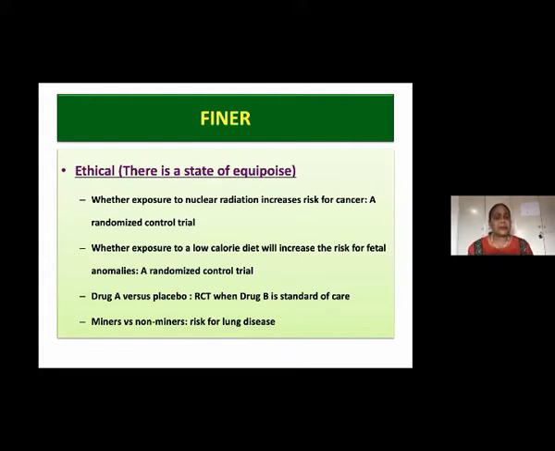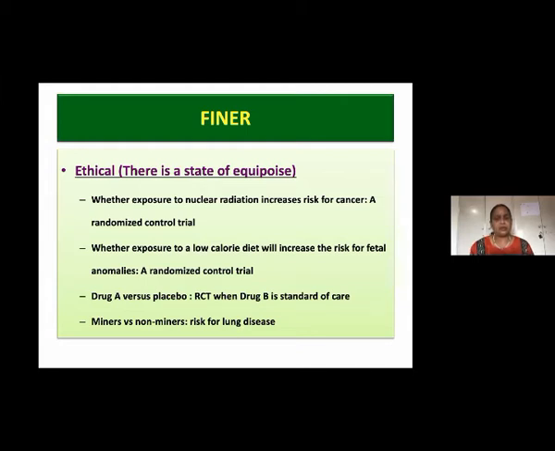Drug A versus placebo, when doing an RCT, when drug B is a standard of care, can you give one person cyclophosphamide for nephrotic syndrome and give nothing to the other group? You cannot. You have to compare it with some arm, maybe steroids or something which is already the standard of care. Miners versus non-miners risk of lung disease. We know that they are at risk of lung disease.